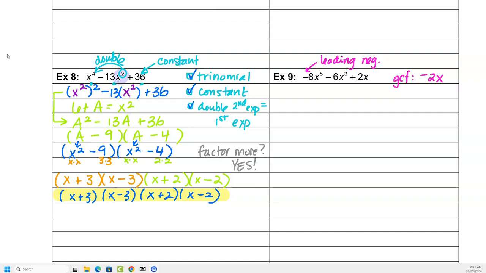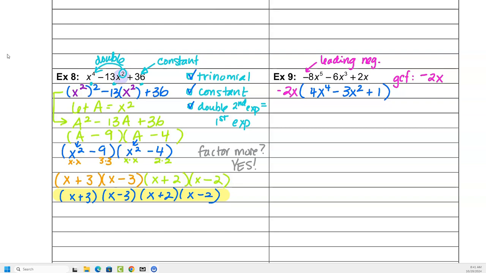So I'm actually going to factor out the leading 2x. So this leaves me with negative 2x times, I'm going to divide all those by negative 2x. I get 4x to the fourth minus 3x to the second plus 1.